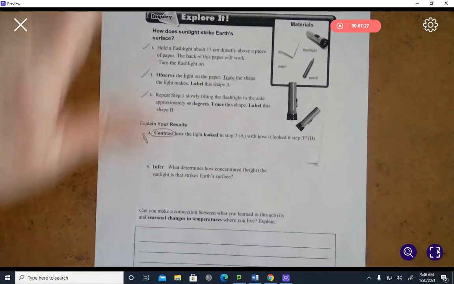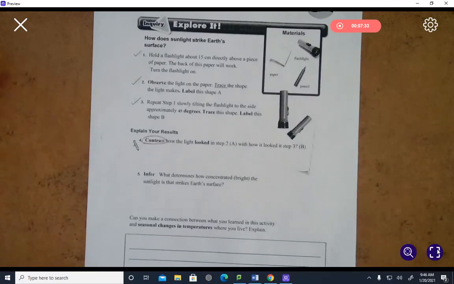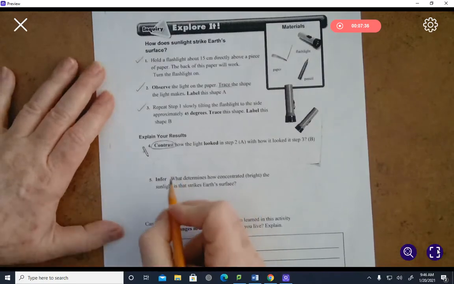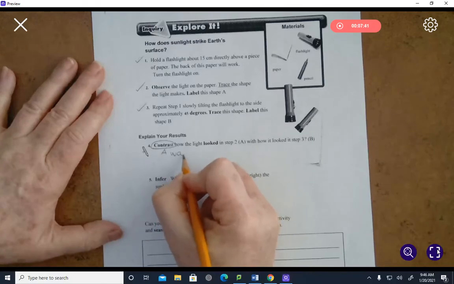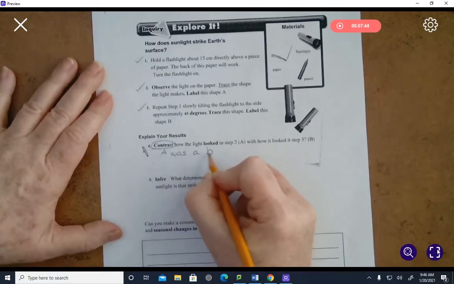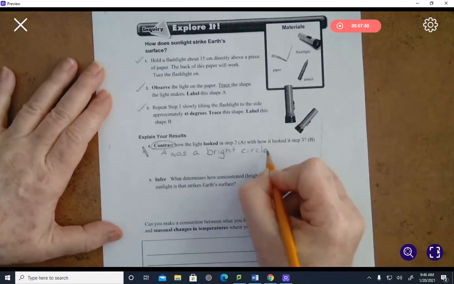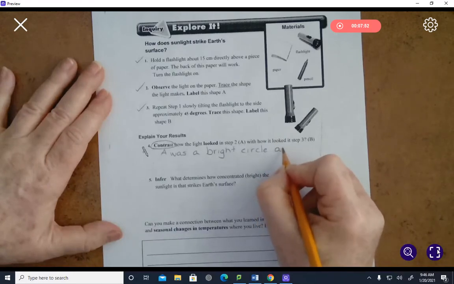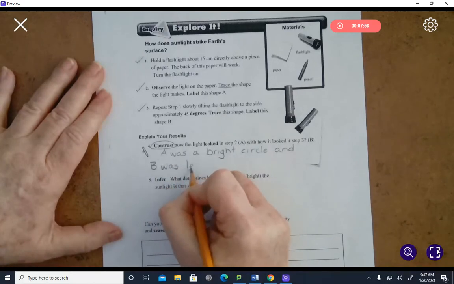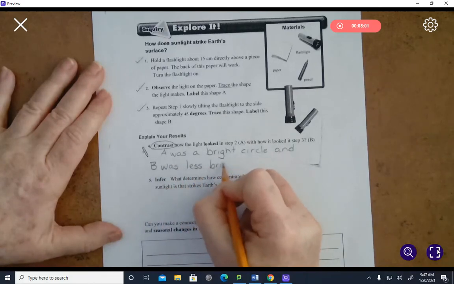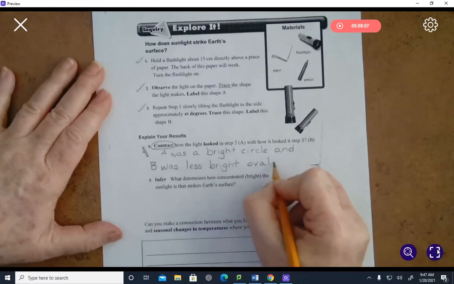How the label looked in step 2, which was A, and how it looked in step 3, B. So I think that in your own words, we could say A was a bright circle, and B was, you could say, dull or less bright, and you could say oval here or elliptical shape, less round.